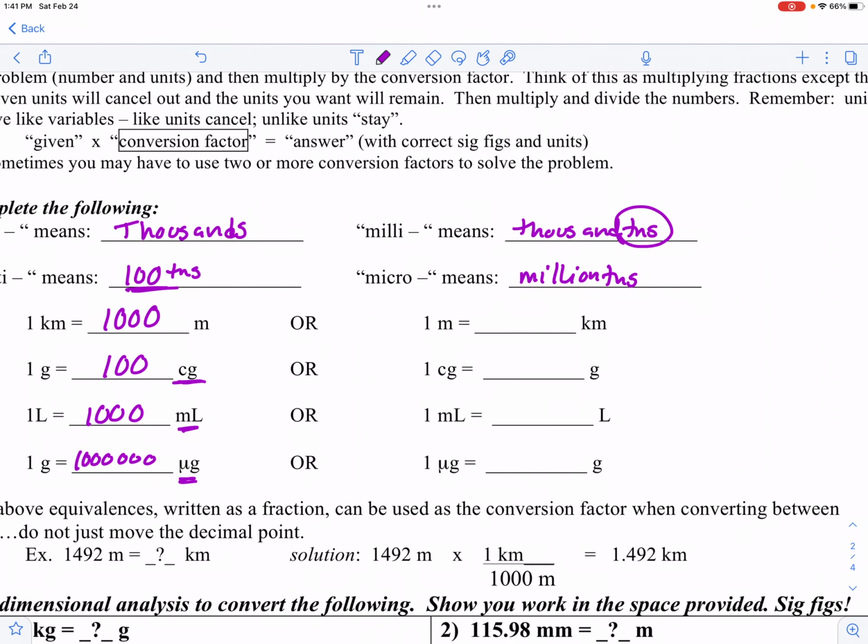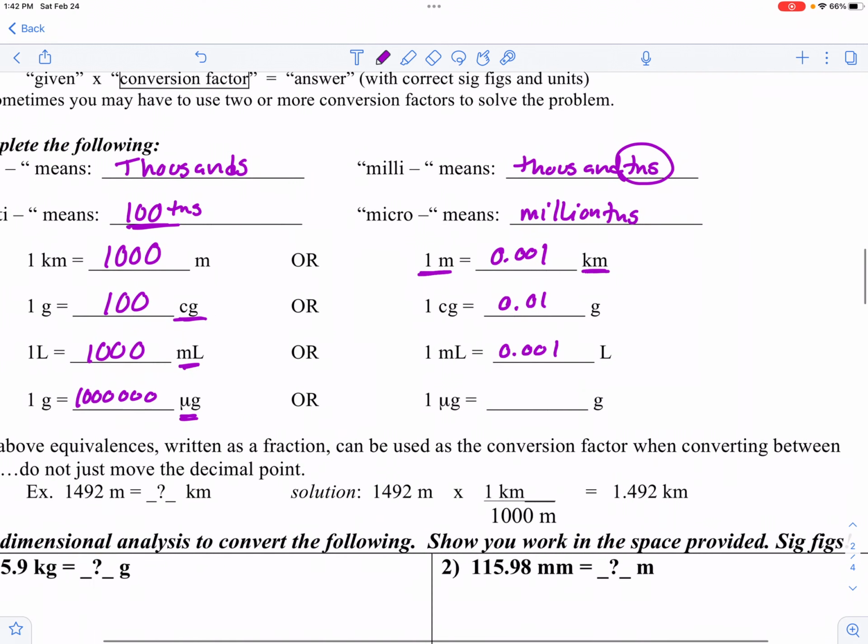Again, I like whole numbers, and that's typically what I'll use, and you'll see in my work, but you can also use the fraction. So 1 meter is small compared to a kilometer, so it is 1,000ths of a kilometer. A centigram is really small in comparison to a gram, so it is 100ths of a gram. Milliliter is even smaller than a liter, so they're 1,000ths of a liter.